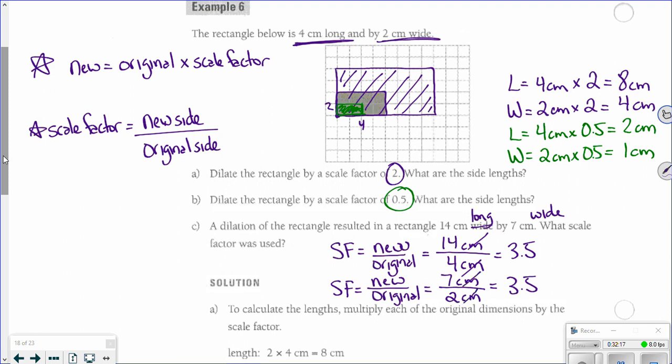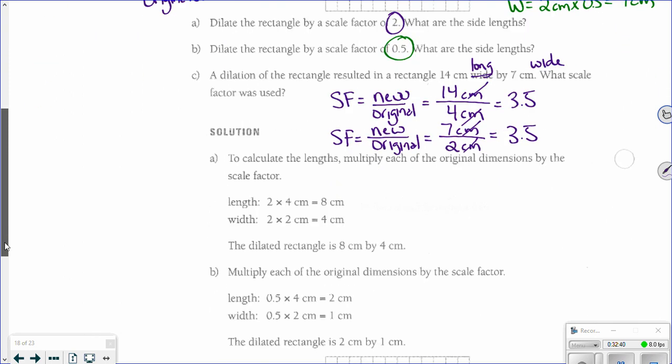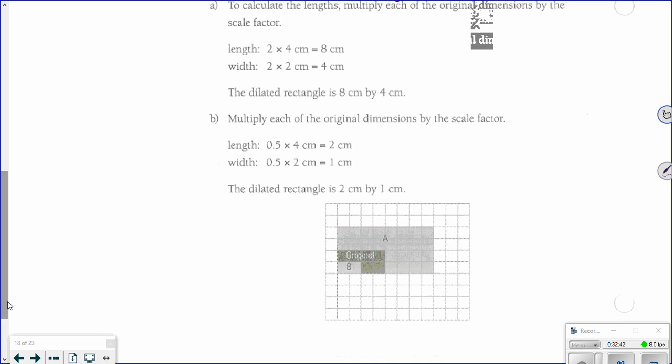Both of my scale factors are equal. It doesn't matter if I looked at the length or the width, it gives me the same scale factor, which means these are dilations of one another. If I got two different scale factors, then it's not a similar figure to what I started with. It's not a proper dilation. So that's how you check if something is a dilation of something else. The rest of this, they just work through it. Same thing.